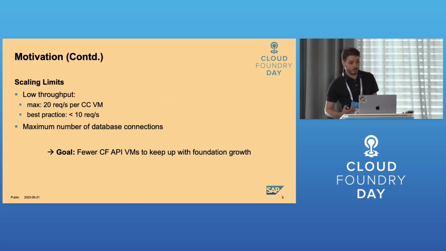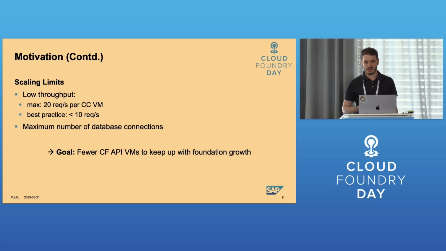When talking about the CF API, scaling is always a critical factor. As you know, the CF API, aka Cloud Controller, is written in Ruby, which is not the most efficient language. So in our foundations, we can typically handle a maximum of about 20 requests per second per Cloud Controller VM.